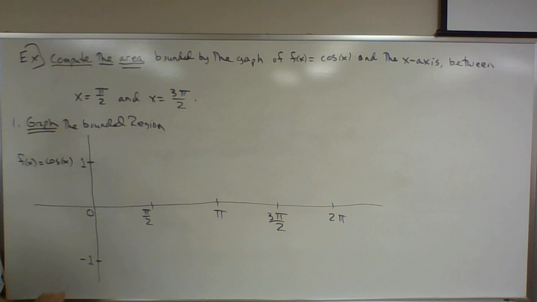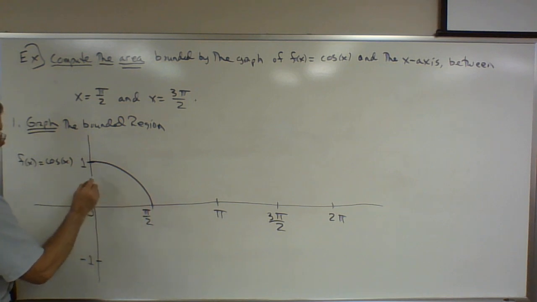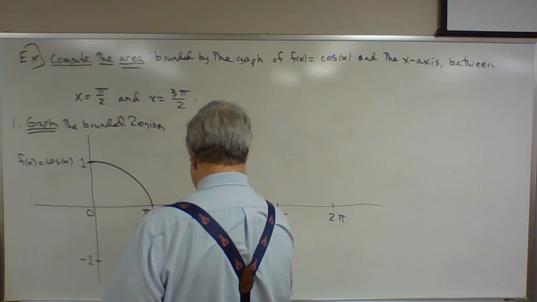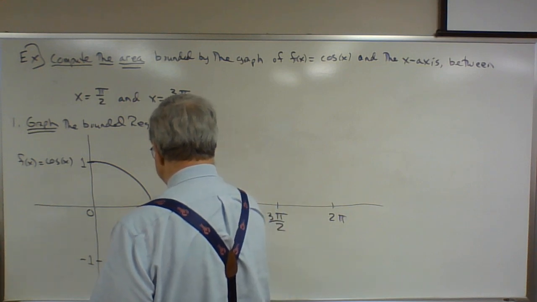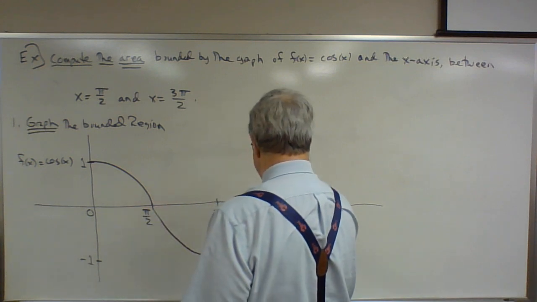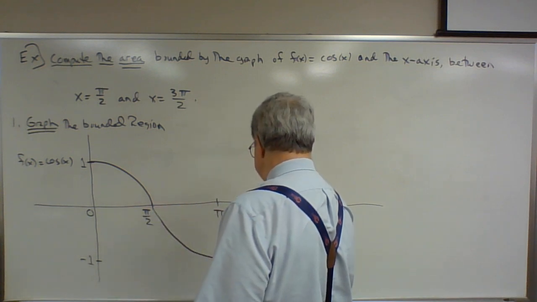Okay, at 0, cosine of 0 is 1, and cosine of pi over 2 is 0. Cosine of pi is negative 1, so it comes down here like this. Cosine of 3 pi over 2 is 0.